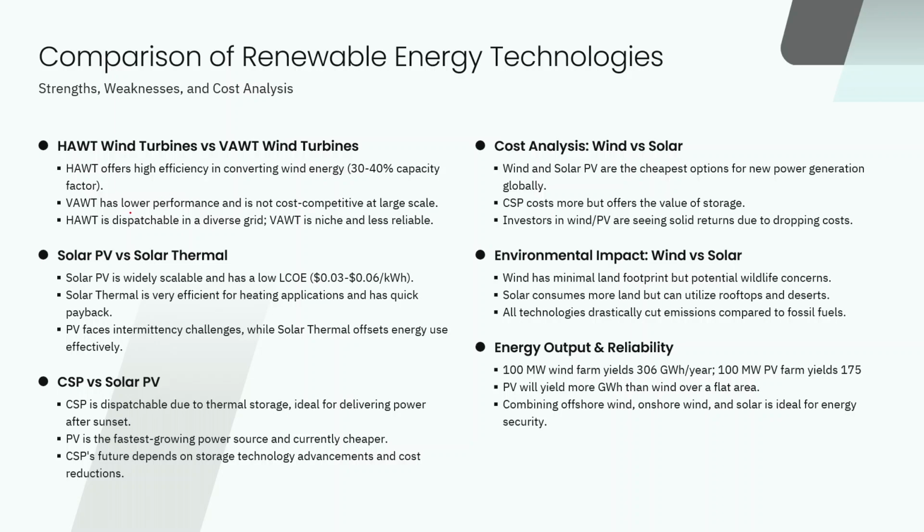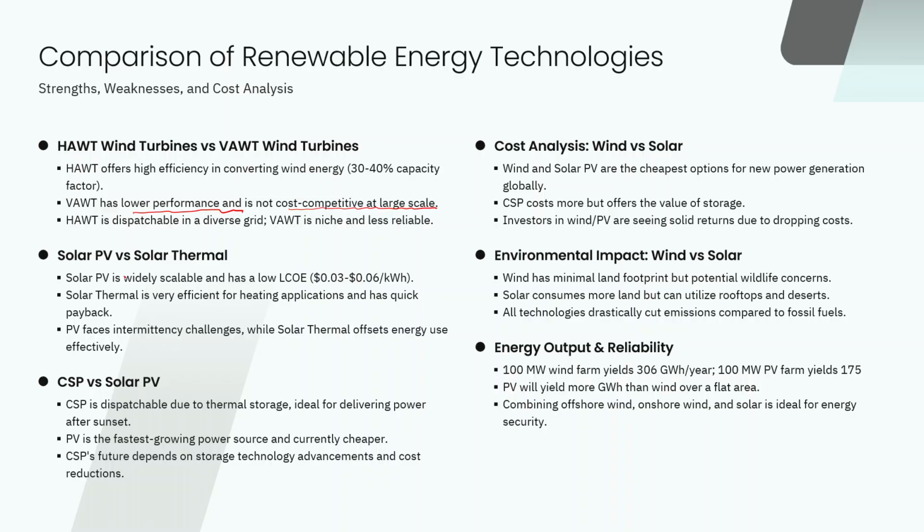The vertical axis has lower performance, and at large scale it's not competitive with the horizontal axis wind turbine. So that's why you don't see vertical axis wind turbines much in the picture, right? But if you are talking about distributed energy resources or small scale energy generation, you can go for a vertical axis wind turbine. Okay.